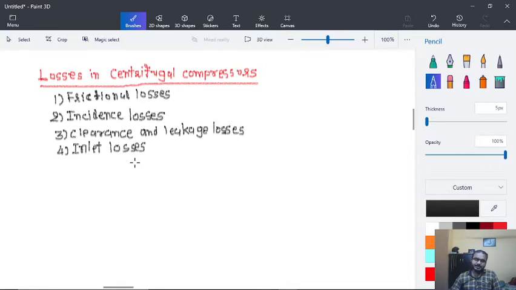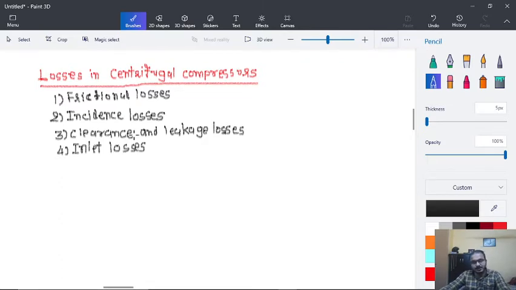Structure means here impeller vanes, diffuser vanes and volute casings. So what happens is that whenever the fluid interacts with these solid components, there will obviously be losses.